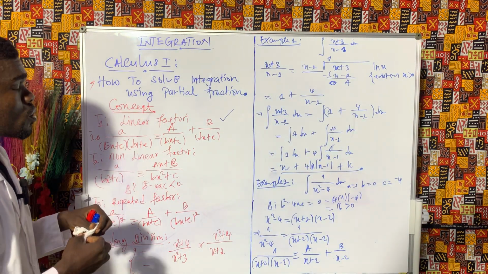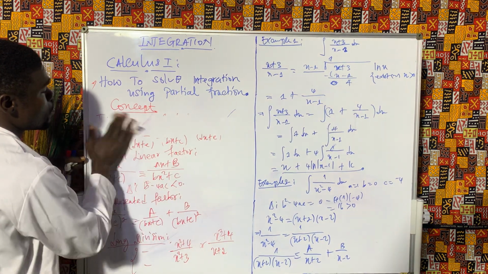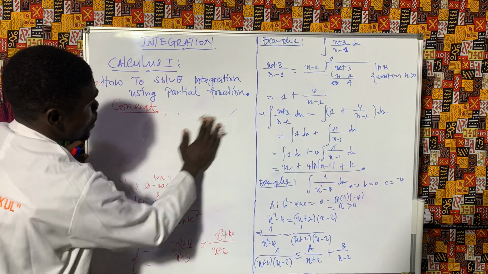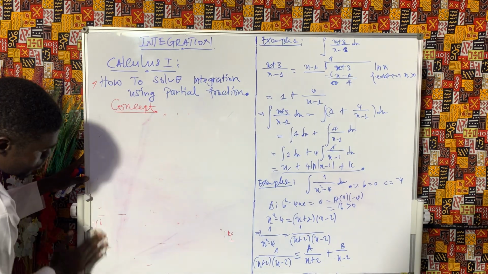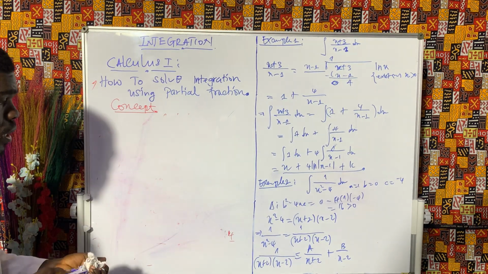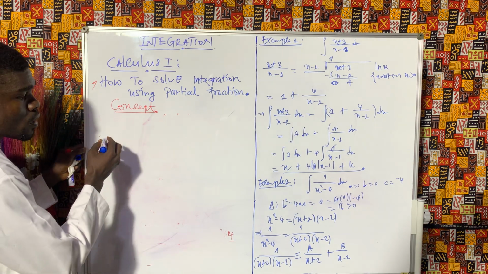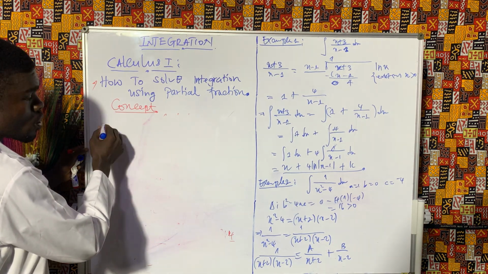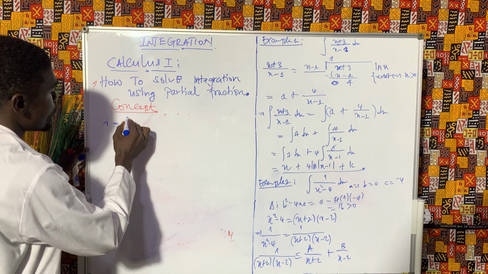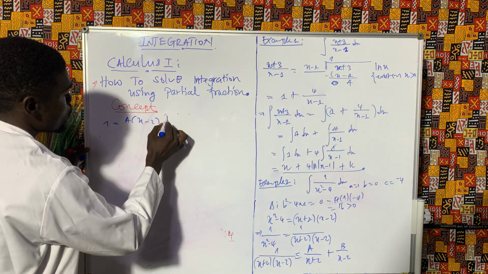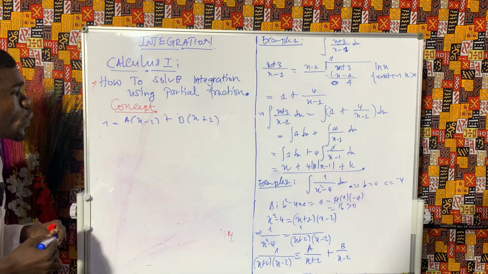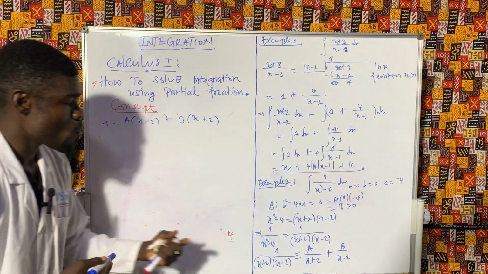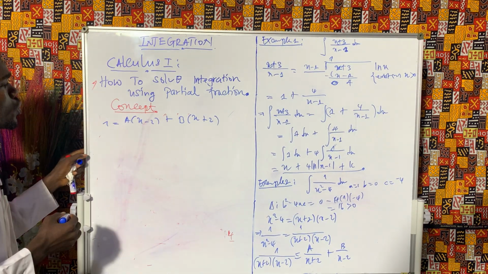So if we come over here to this side of the board, by normal LCM, based on our expression, we can have 1 equals A into x minus 2 plus B into x plus 2, as you can see, where we have multiplied by the common factor x plus 2, x minus 2.